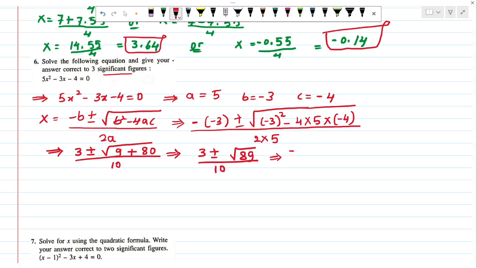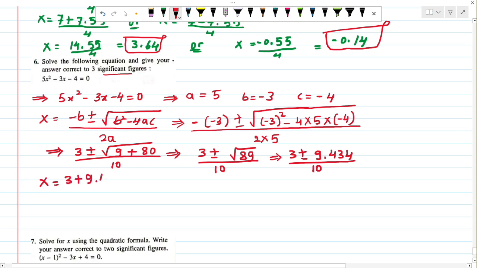So what is the value of root 89? It is 9.434 divided by 10. So two possibilities, x is equal to 3 plus 9.434 divided by 10, or x is equal to 3 minus 9.434 divided by 10.